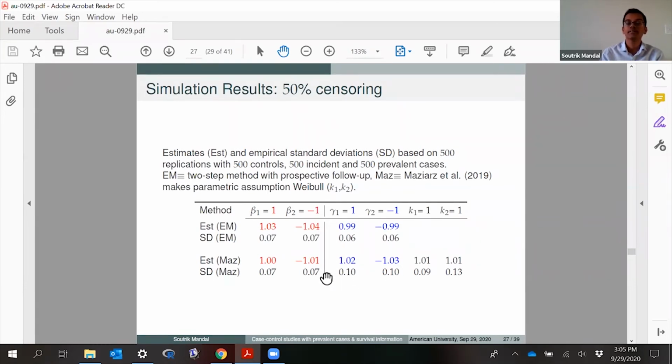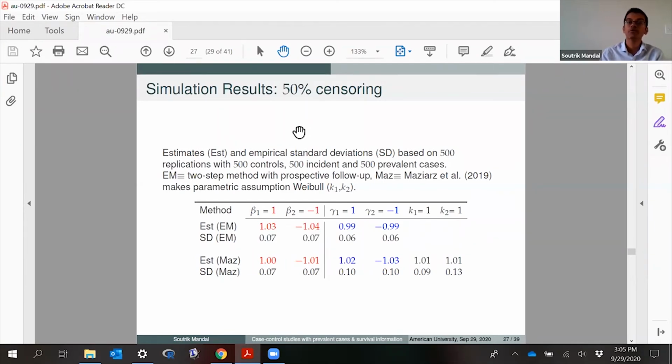And when we look at the log odds ratios, beta 1 and beta 2, the estimates start to show a little bit of bias, 3% bias here and 4% here. And this is not surprising because when you increase the censoring percentage, you're losing information towards the tail of the survival distribution.